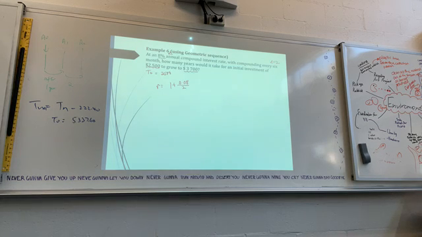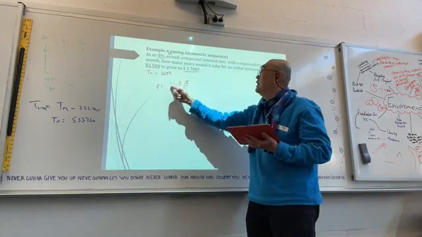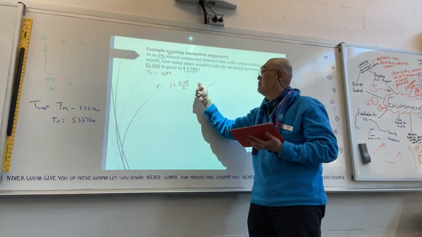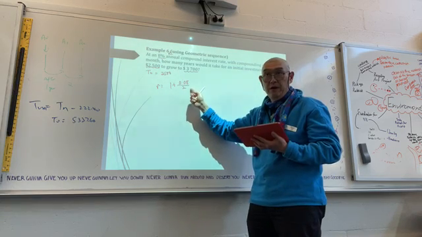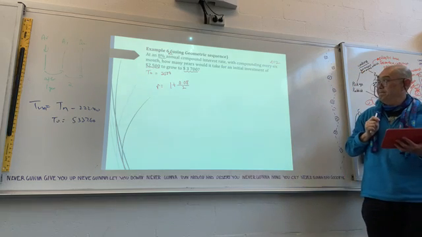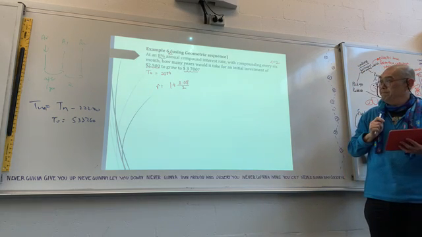Alright? Now, what I want to ask you to do is in the exam, sometimes you don't get a nice number like this. It could be 1 plus 0.0756 divided by 2. Sorry, when you're using R there, are you referring to the common ratio or the rate of interest?